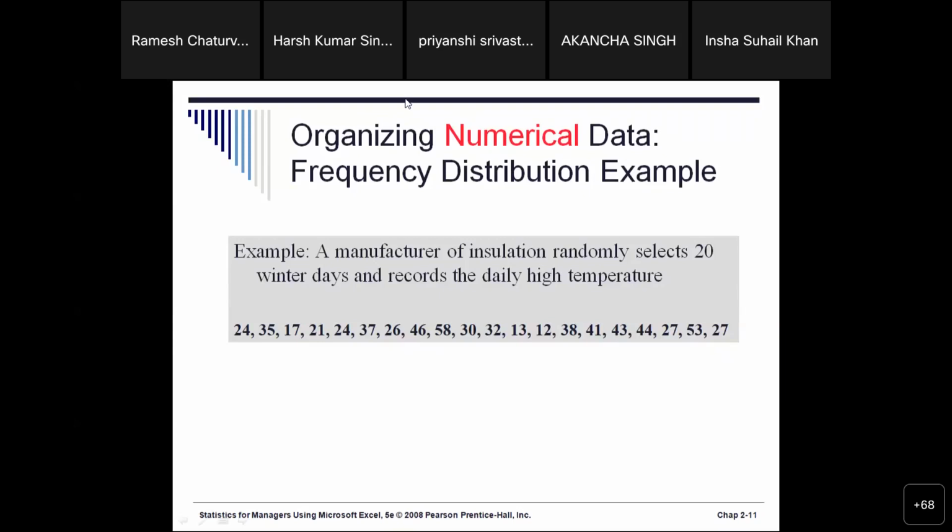What is the number of classes and size of classes? Anybody able to do it?